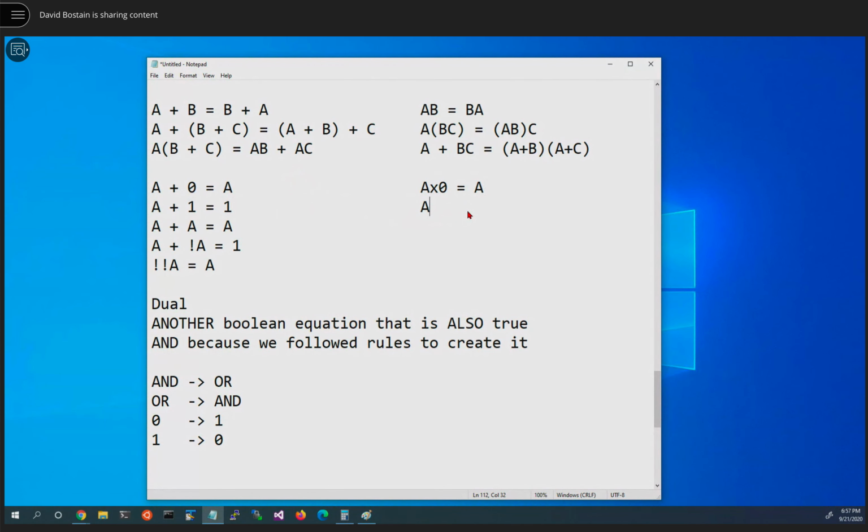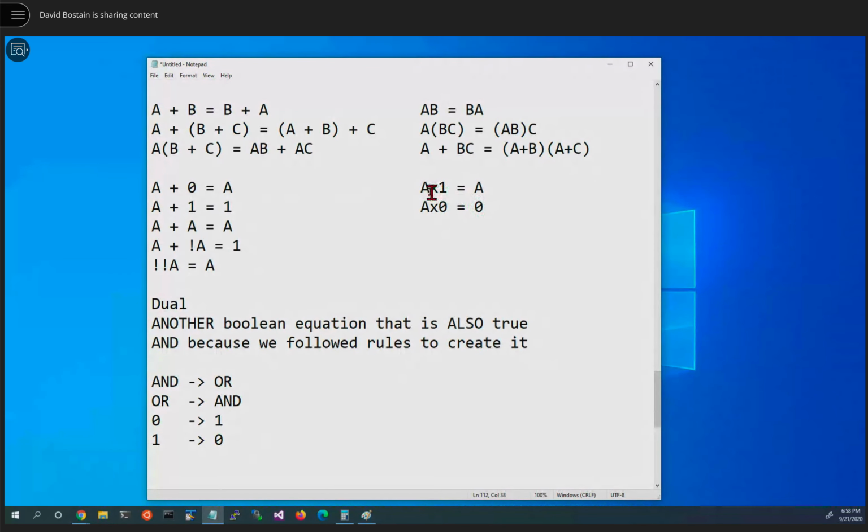A ANDed with 1 is equal to 1. Now, what did I do wrong with these two equations? Somebody get on your mic and tell me. You didn't change the zeros and ones to their opposites. Excellent, excellent. This needs to be a 1. These need to be zeros.